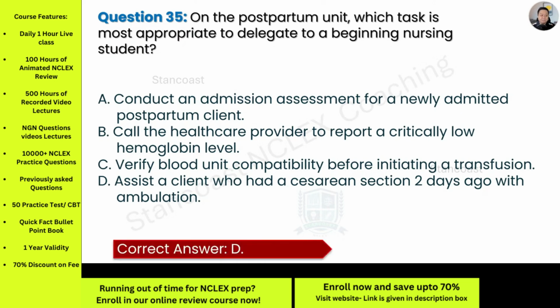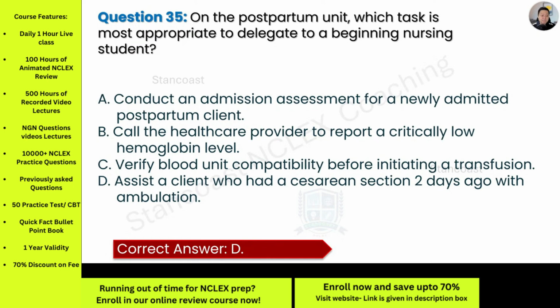This is a basic task that is suitable for a beginner student with limited clinical judgment. Letter A is incorrect. Same thing with letter B and C. The admission assessment can require advanced critical thinking and clinical expertise.